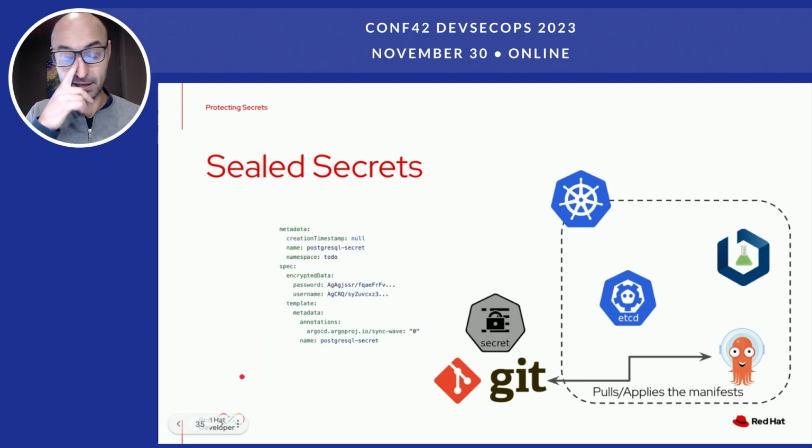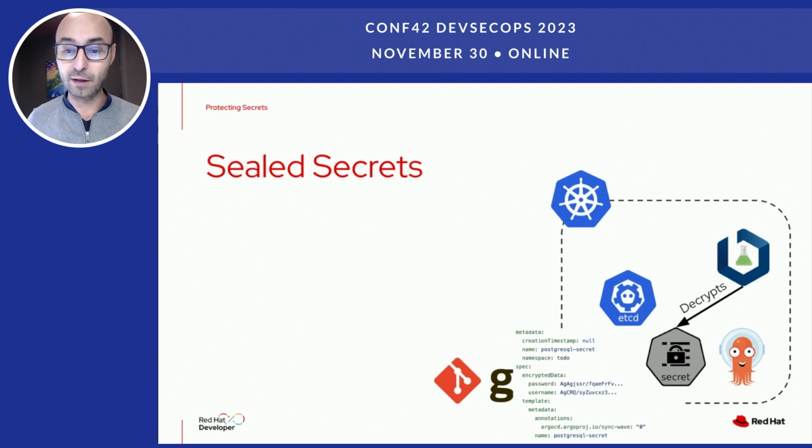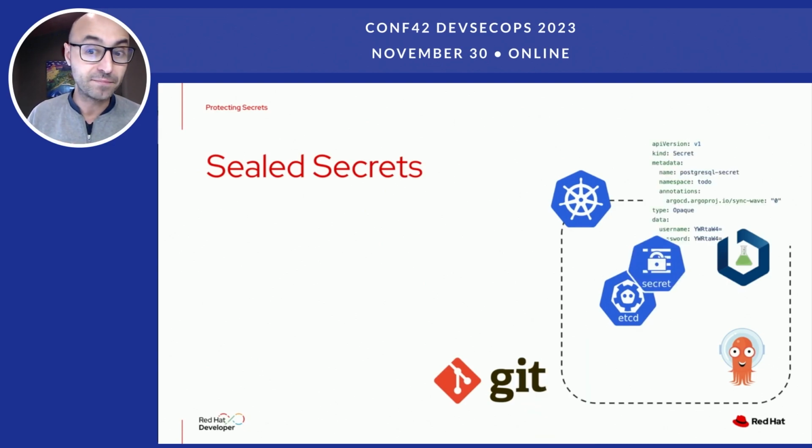After that, Argo CD will detect this change, this drift, and it will decrypt this. But notice that this is happening inside the Kubernetes cluster. It will decrypt, and finally, it will materialize this encrypted secret as a normal secret into Kubernetes.